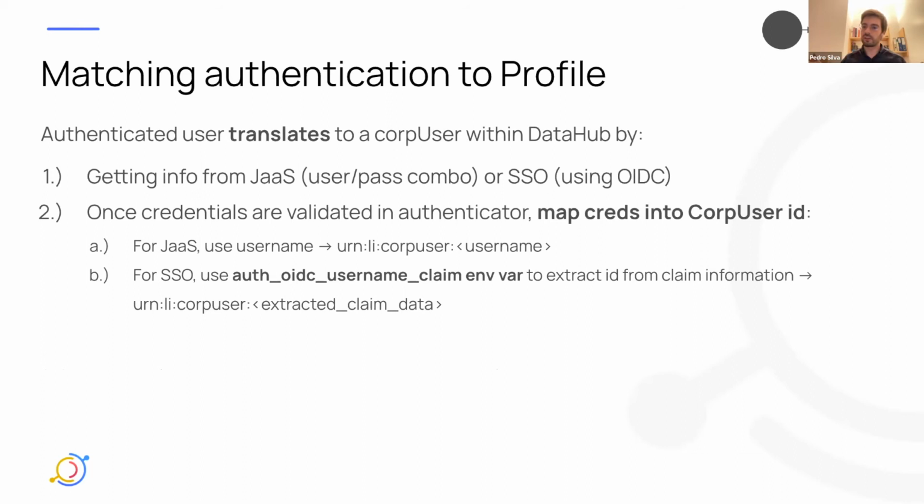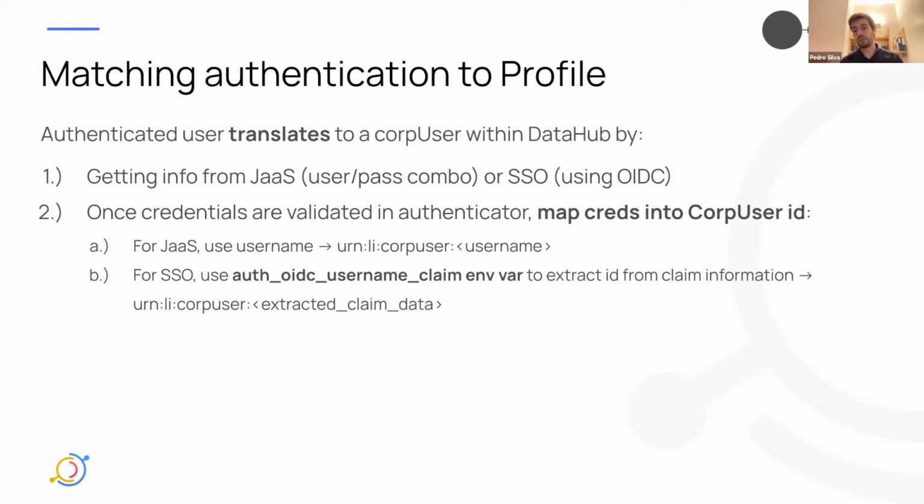So where does the magic happen and how does it happen? When a user becomes authenticated, we try to translate that into a corporate user entity in DataHub. We do this by extracting information from JAAS or the OIDC connection, where once we validate the credentials, we map them, and it depends on what you're using.